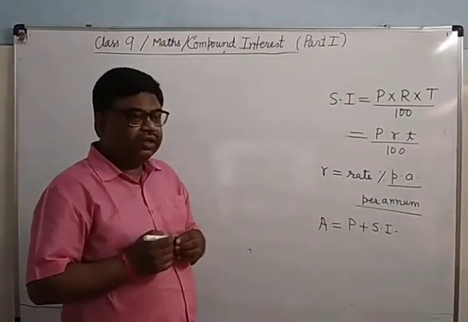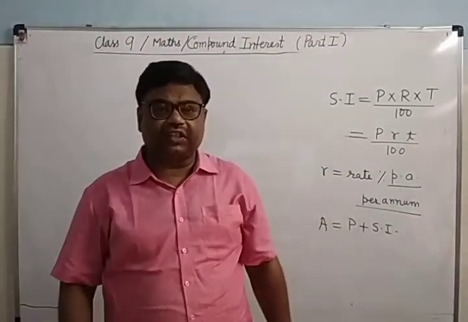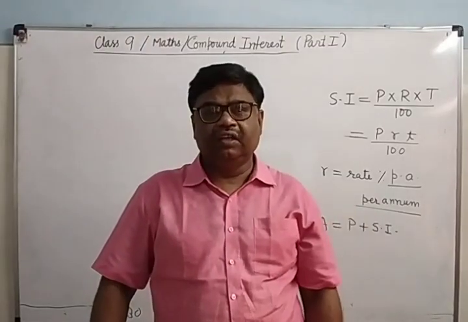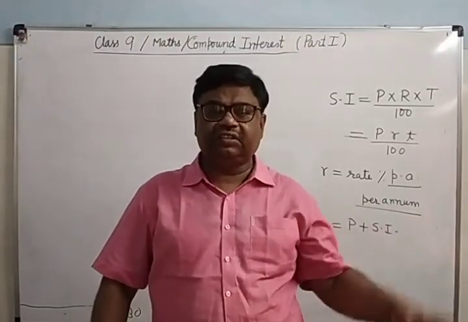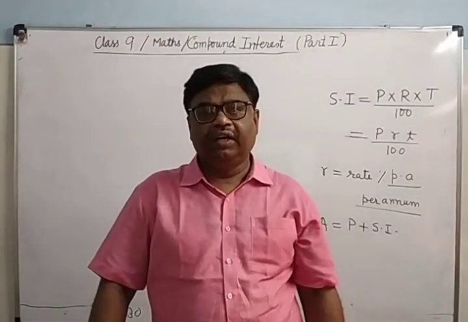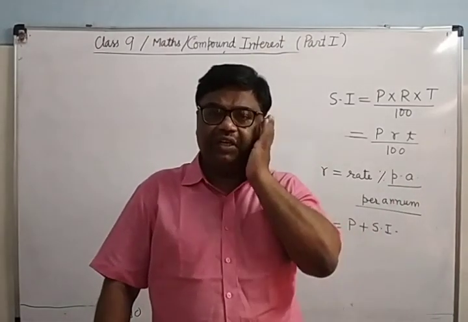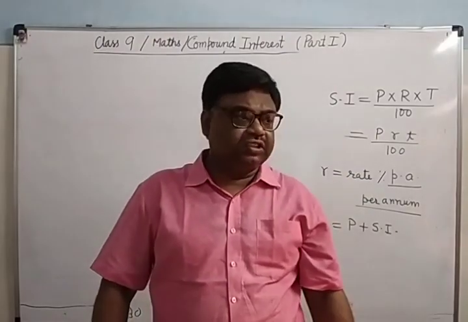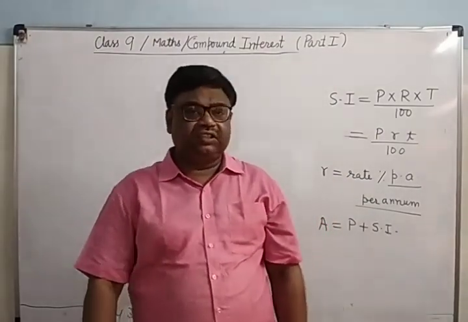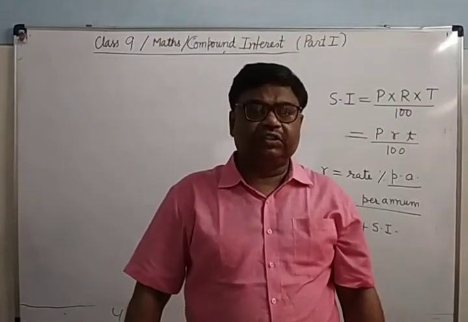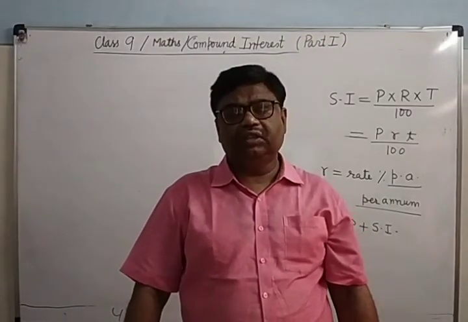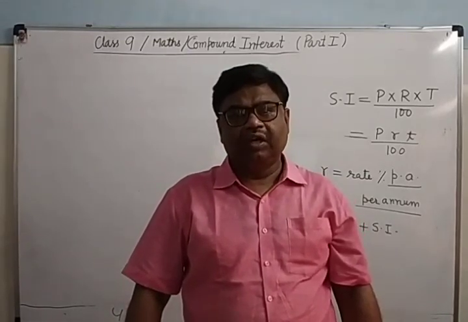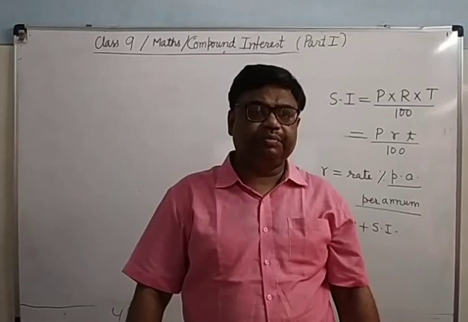Now, when there is any question of SI, we calculate the simple interest all together. Simple interest of 3 years we calculate together, because in simple interest the principal for the whole time remains the same. Suppose rupees 10,000 has been borrowed at 10% per annum for 3 years.